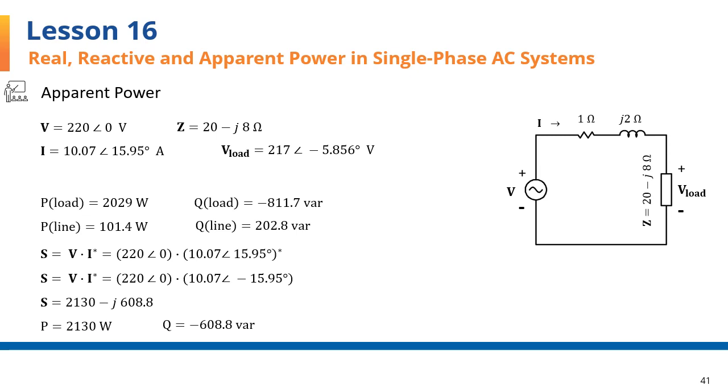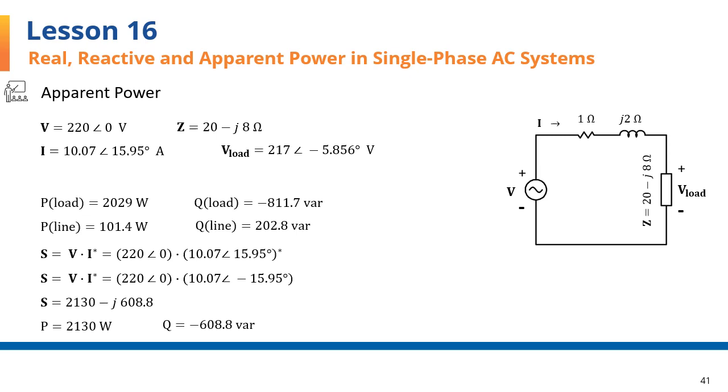To review, positive power, if calculated for source, means source is providing that power. But if that positive power is calculated for load, it means that load is absorbing that power.